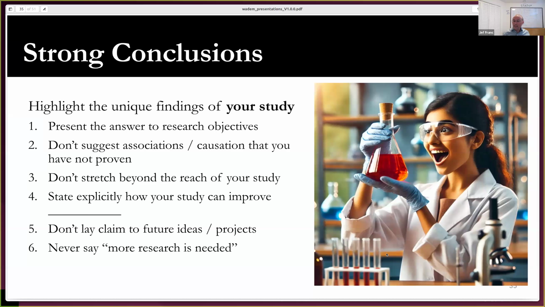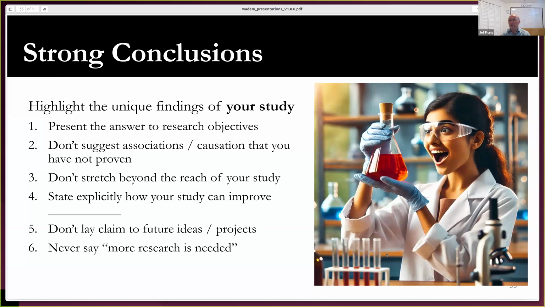She said that it didn't work as well in non-expert providers, but she didn't write in her conclusions, so we should educate them, or because they weren't educated properly. Okay, because that was not proven by her study. All the study proved is that they have trouble using the tool. Don't stretch beyond the reach of your study. Don't say this tool should now be adopted as an international tool, unless that was the purpose of your study. Okay.